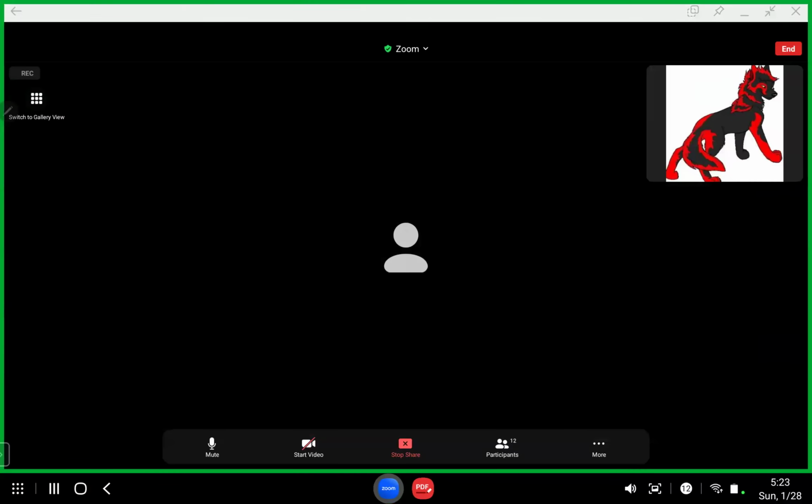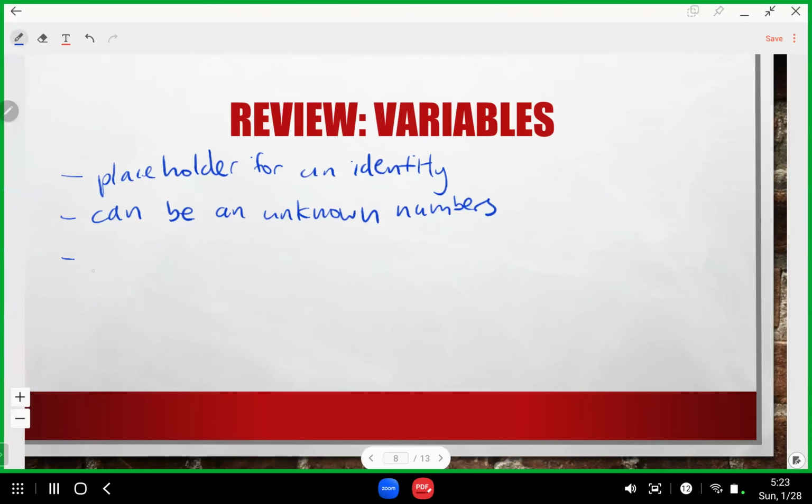Okay, so I'll just add that variables can be anything. So it can be x, it could be y, it could be z. Doesn't matter, as long as you know what the variable defines, it's good.